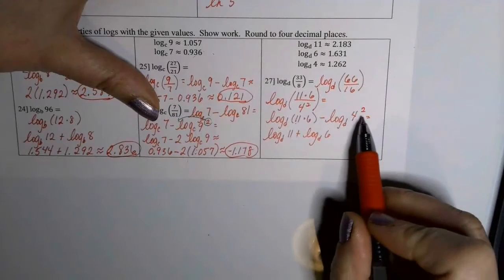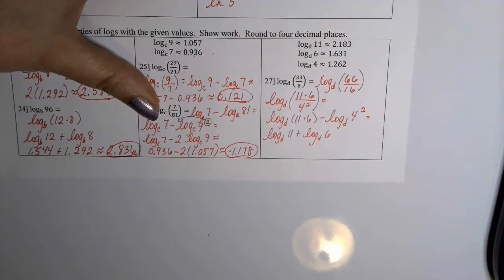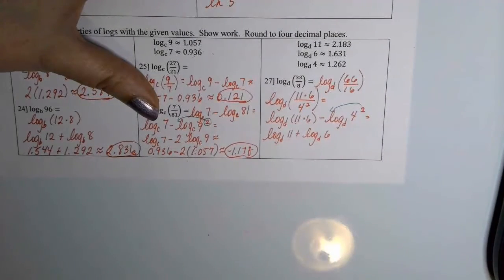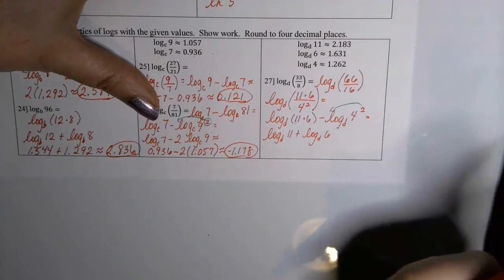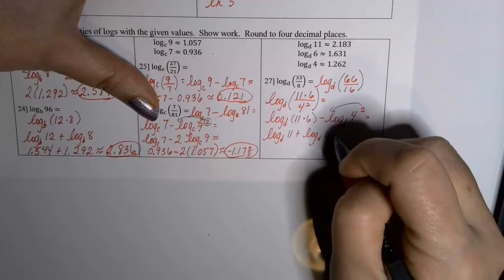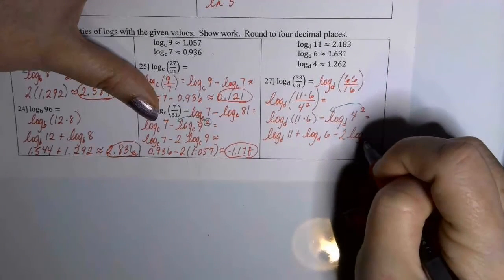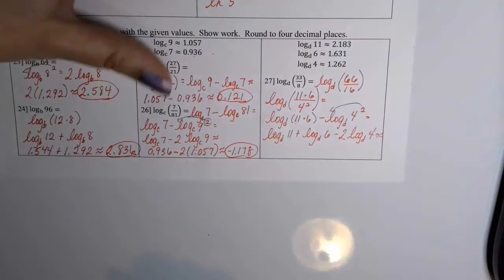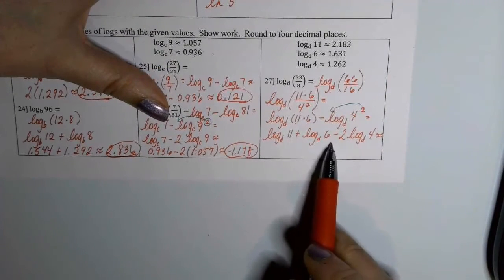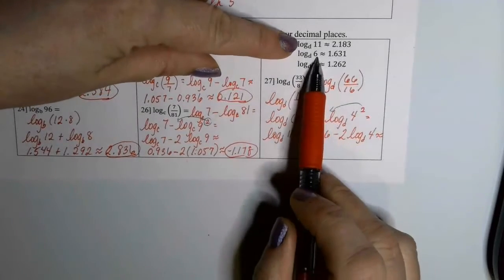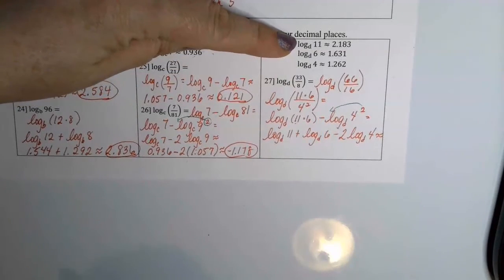And then I can use the power property on this log base D of 4 squared by pulling that exponent out to the front as a coefficient to get minus 2 log base D of 4. And now I have all of my log expressions fully expanded into values that I can substitute that were given.